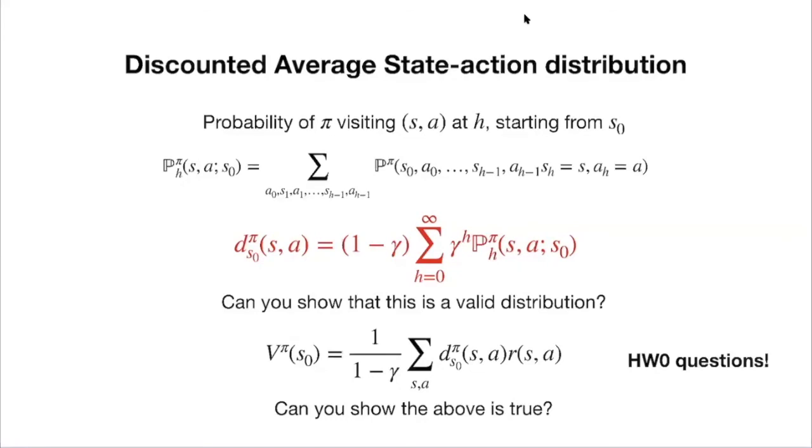If you don't do exponential averaging, if you just do the regular averaging, you cannot express this v pi using this distribution. So this is basically a convenient definition for us to use. In other words, you are moving the discount factor on the reward now to the distribution.